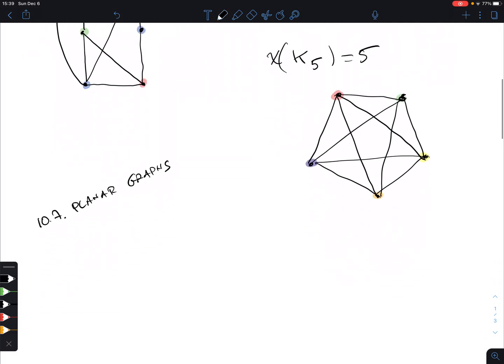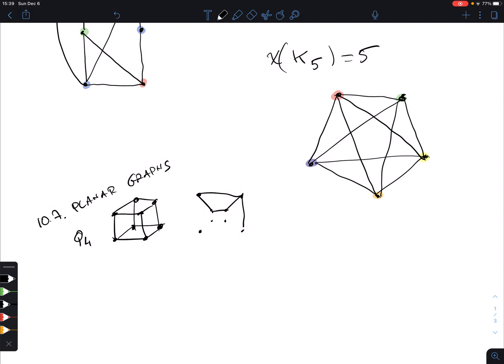So just for instance, let's see here the cube, right? If we draw the cube, we do definitely have a lot of crossings, it seems, right? This one is called Q4, I think. We have all these crossings, edges that cross, but you can also draw it this way.